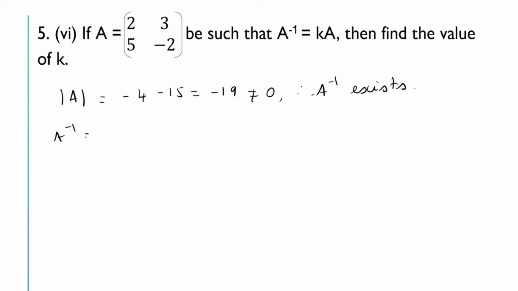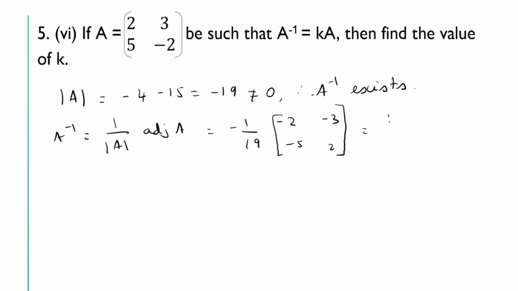So A inverse is equal to 1 by determinant of A into adjoint of A. So it is equal to minus 1 by 19 into adjoint of A. Interchange the diagonal elements and change the sign of the remaining elements. So this is equal to 1 by 19 into the matrix 2, 3, 5, minus 2. So we have to find the value of K such that A inverse is equal to KA.